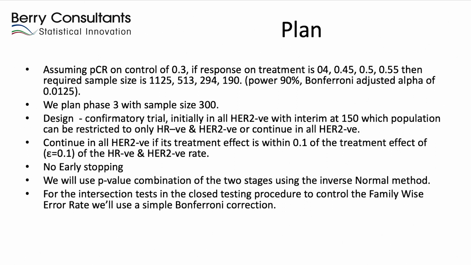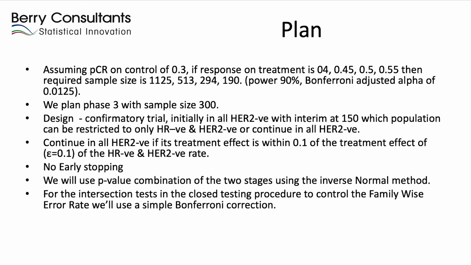If we assume a pCR rate on control of 0.3, the overall rate for HER2 negative, and we look at possible responses on treatment of variously 0.4, 0.45, 0.5, 0.55, and do simple sample size calculations, looking for a power of 90% and an overall alpha of 0.025, but divided in a Bonferroni adjustment to take into account we're taking two looks, one at the overall population, one at the subpopulation, we get respectively required sample sizes of over 1,000, 500, nearly 300, and 190.